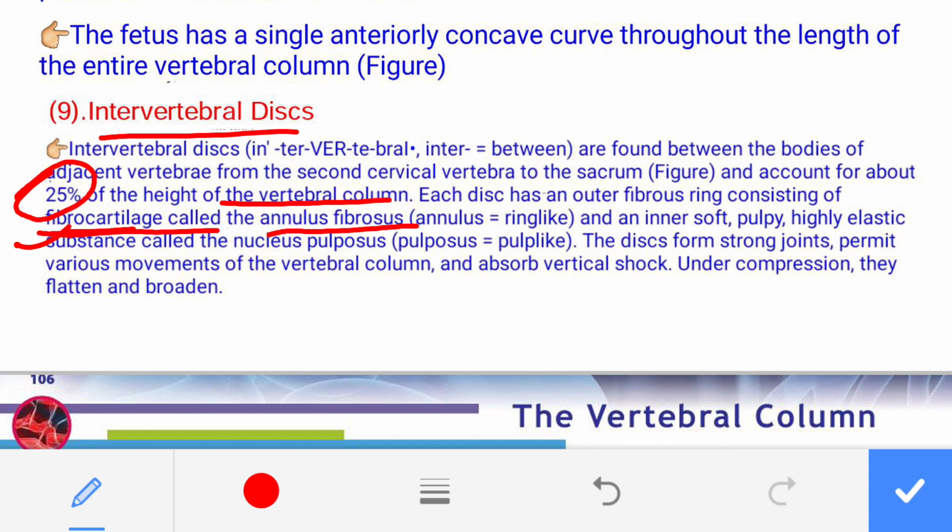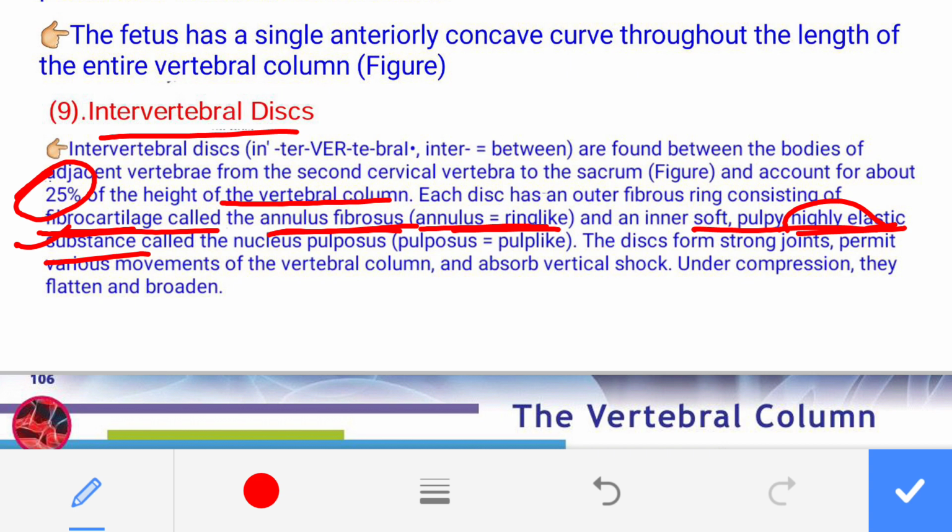Annulus means ring-like, so 12 ring-like fibrocartilages are present, and inside this fibrocartilage there is a soft, pulpy, very highly elastic substance.